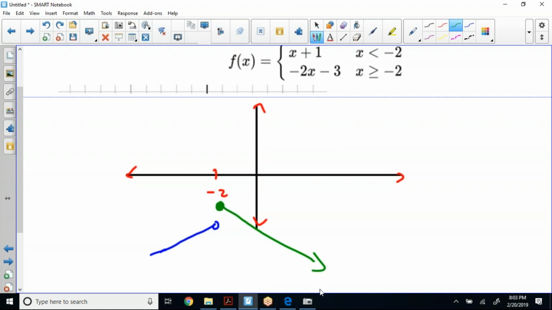Does that make sense? It's got to look like the blue and the green. Now, it may be situated somewhere differently on the graph. But I know it's got to look like that because I've got a positive slope and I have a negative slope, right? I have an open dot on the positive and a closed dot on the negative. Y'all agree?